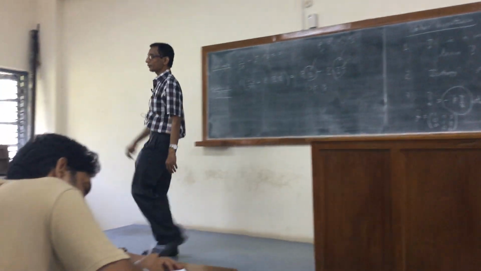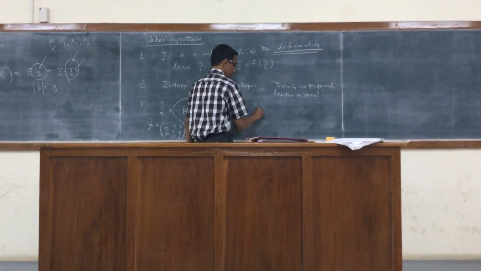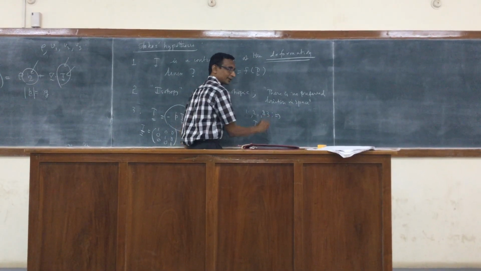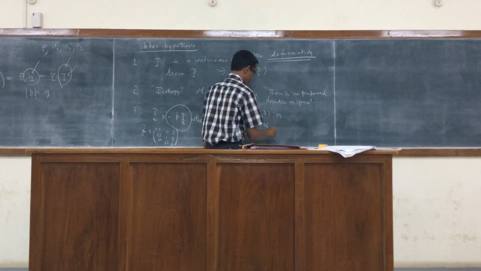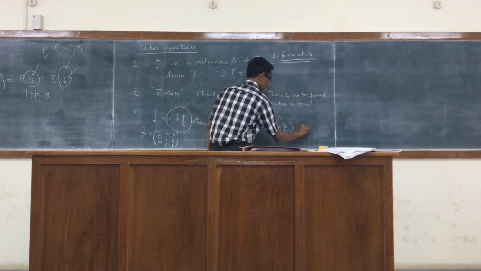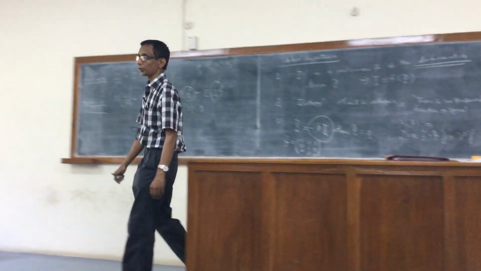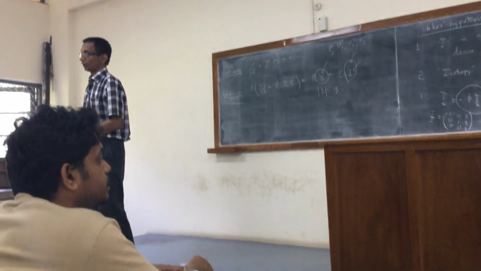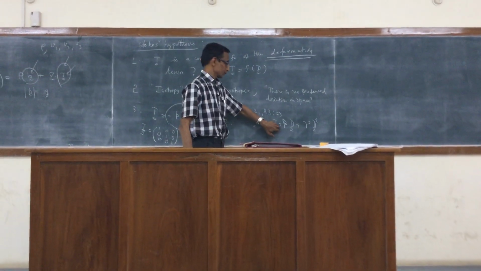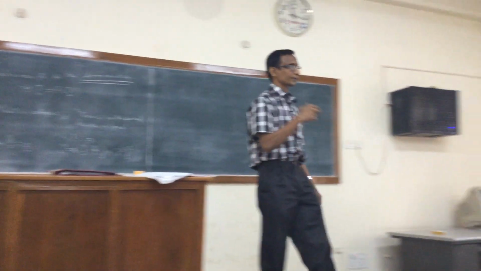Now, based on these three hypotheses, it is possible to show that T can be expressed in the following way: alpha plus beta E plus gamma E square. It is possible to prove the shear stress must have this form: alpha times the unit tensor, beta times the deformation tensor, plus some gamma times the deformation tensor squared.